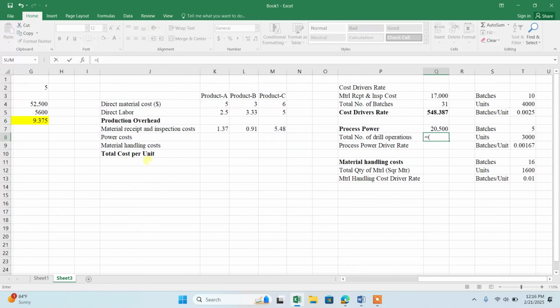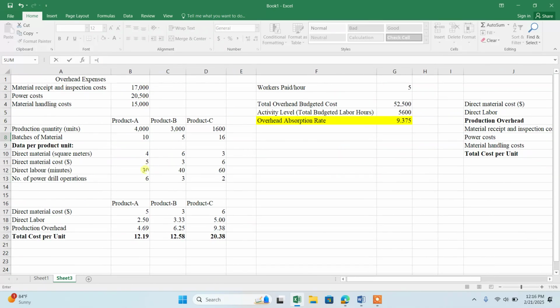For one unit, these are the number of power drill operations. For the 4,000 units, if I multiply by 4,000, that means 24,000 operations. And not only this one, but the other products also. Plus the number of operations required for product B. Again, this is the cost of all the units, so I am finding the total number of operations.